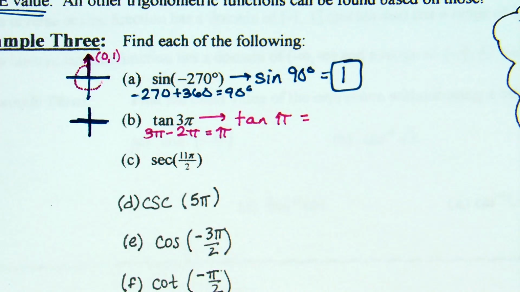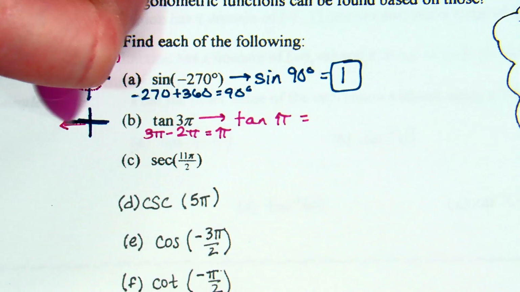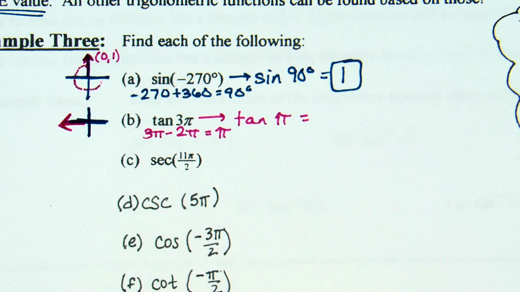Tangent of pi. So where is pi? 180. Yeah. You're allowed to reference, when I ask where is pi, it's 180. I want us to work in radians, but we need to know equivalencies too. So what is my ordered pair over here at pi or 180?